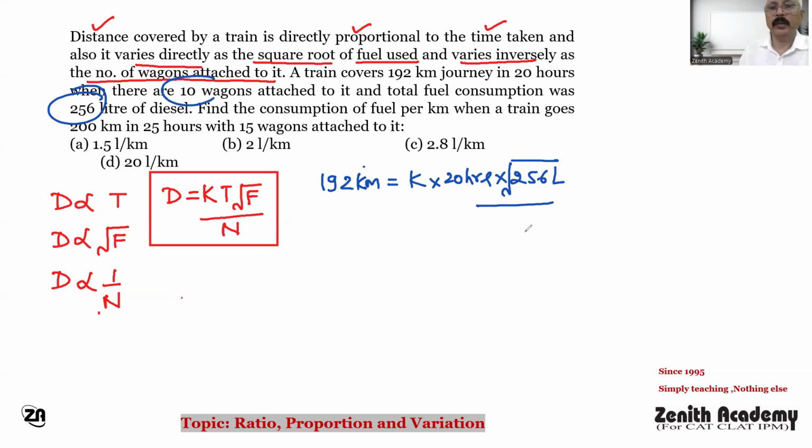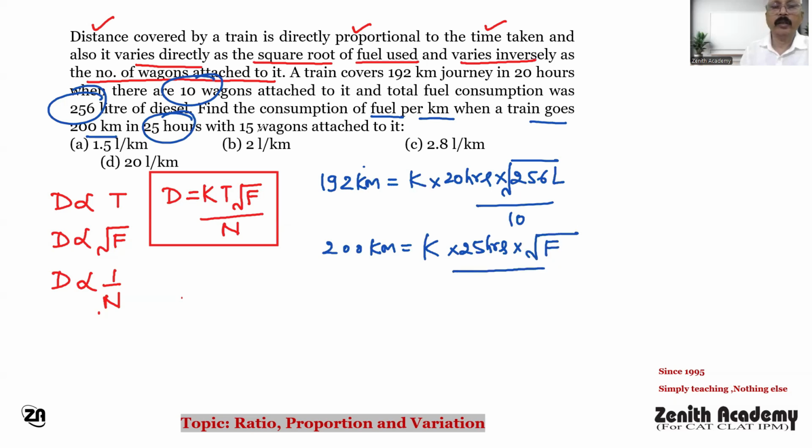Number of wagons 10. Find the consumption of the fuel per kilometer when a train goes 200 kilometers. So the second equation is 200 kilometers. This is a constant. In 25 hours, fuel consumed you do not know, suppose it is F, and number of wagons attached, 15.